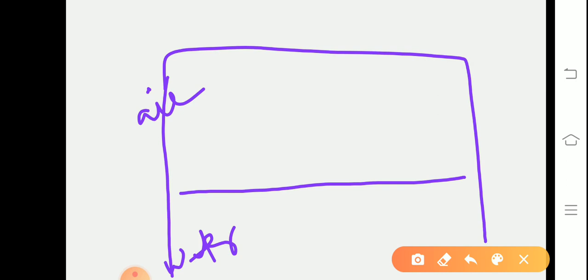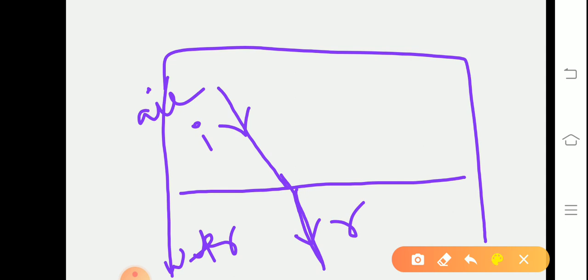Now assume an incident ray coming from the air medium, entering into the denser medium. At the interface it changes its direction due to its speed.